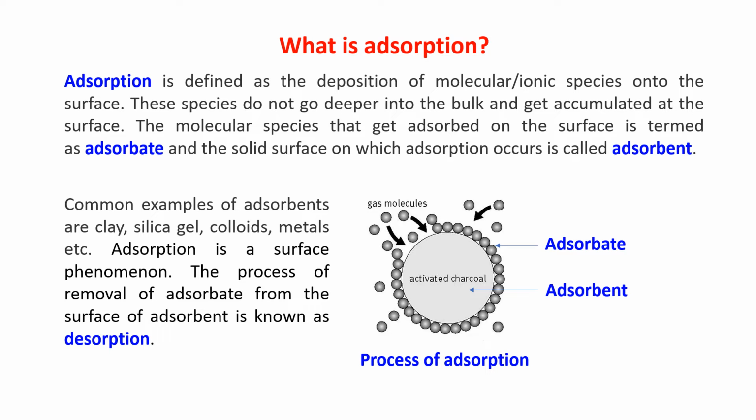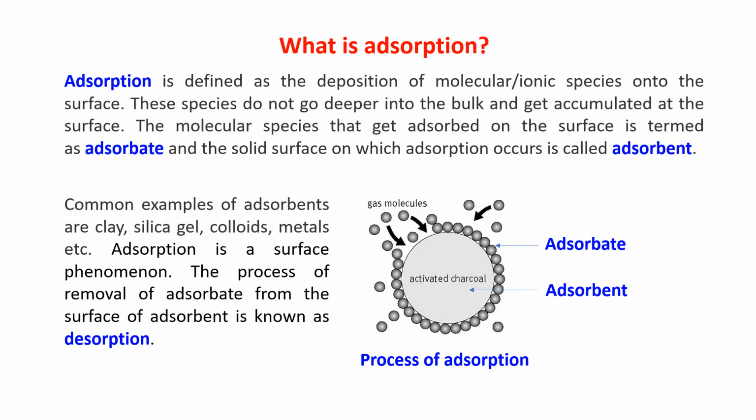The molecular species that get adsorbed on the surface is termed the adsorbate, and the solid surface on which the adsorption occurs is known as the adsorbent. See the figure here.